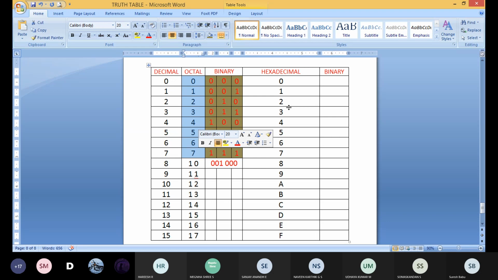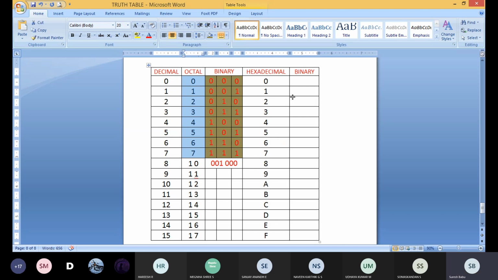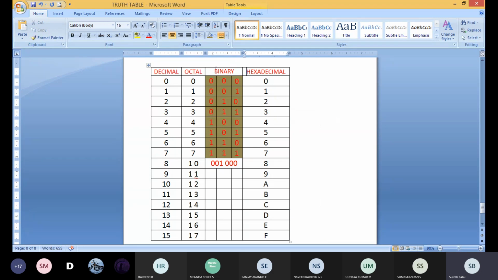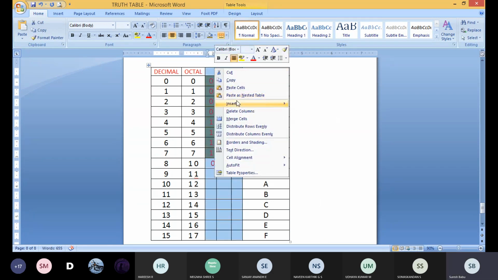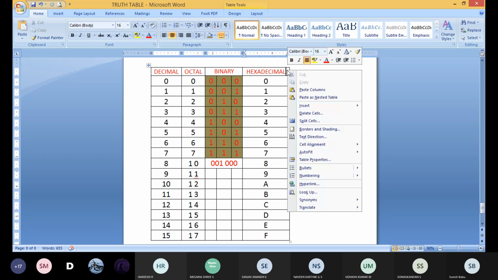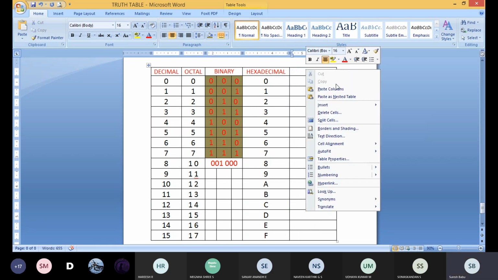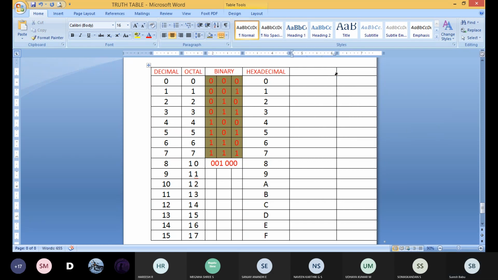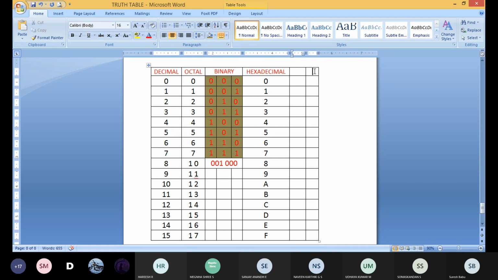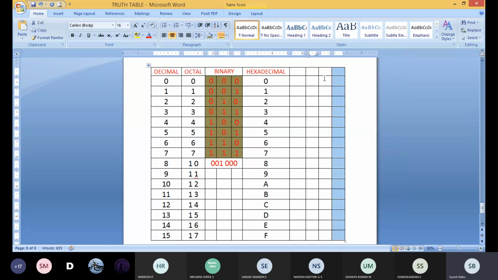That is enough. Okay. Now, how to calculate this binary equivalent for hexadecimal? Okay. So see here, I want to copy paste this one. Because the binary equivalent for hexadecimal will be given as a 4-digit number.